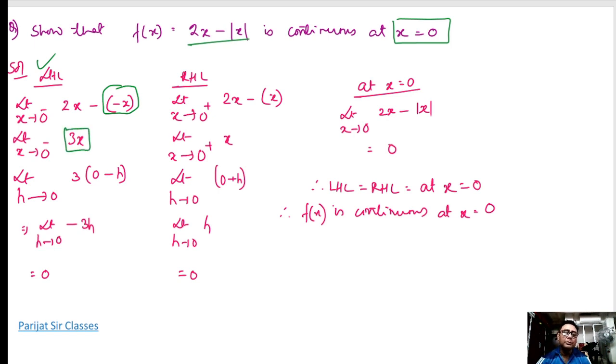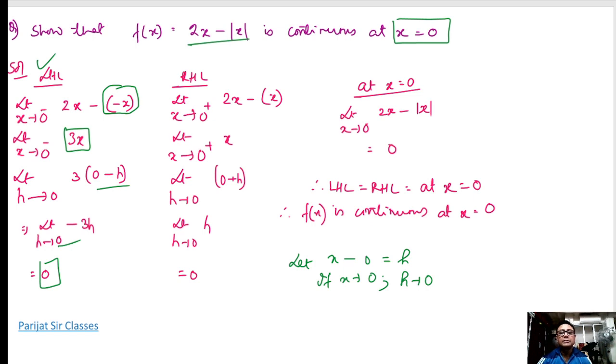And we have assumed let x minus 0 is equal to h. So if x tends to 0, h tends to 0. Putting the value of h, we are getting 0.